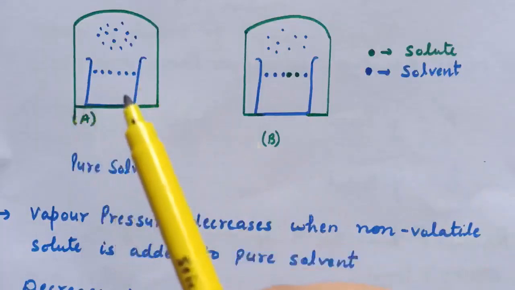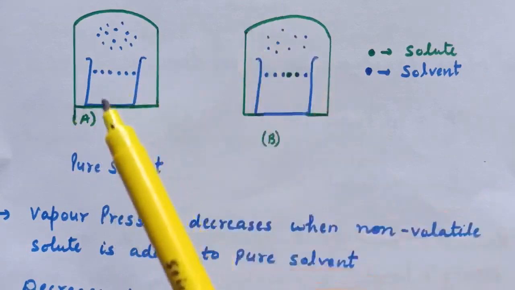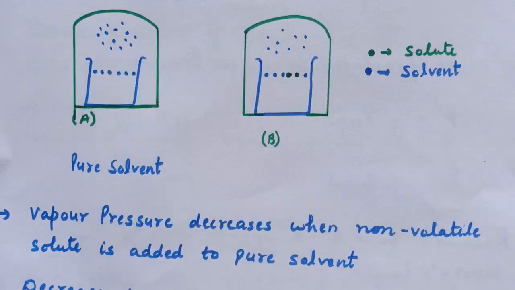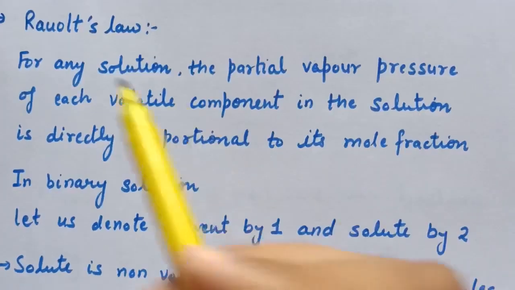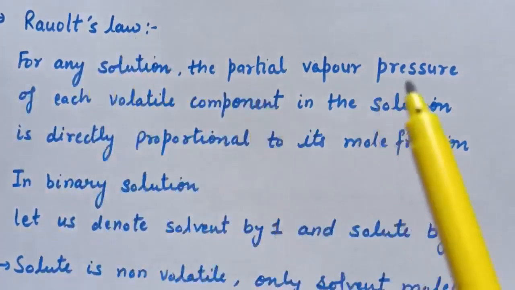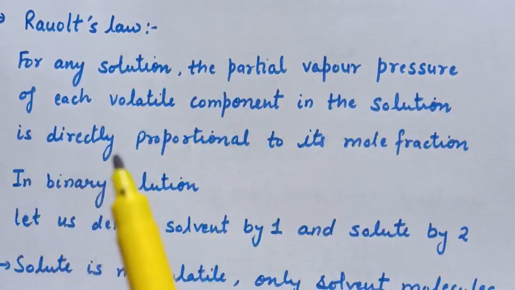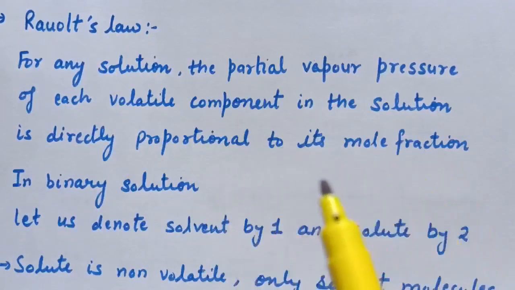Now if we have a pure solvent and we add non-volatile solute to it, in that case also we can apply Raoult's law, because here the solvent is volatile. Again, Raoult's law is: for any solution, the partial vapor pressure of each volatile component in the solution is directly proportional to its mole fraction.